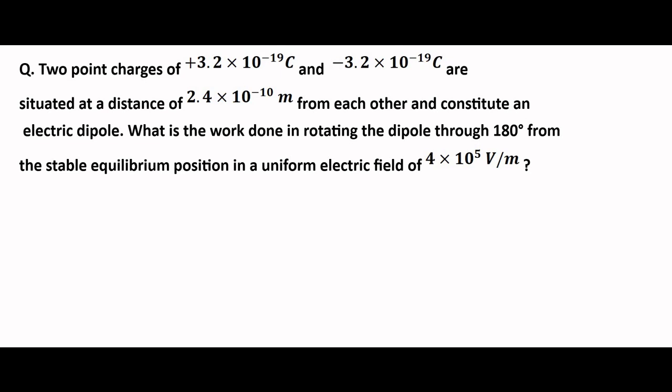So here what is given is that we have an electric dipole with the charges minus 3.2 into 10 to the power minus 19 coulomb and plus 3.2 into 10 to the power minus 19 coulomb.